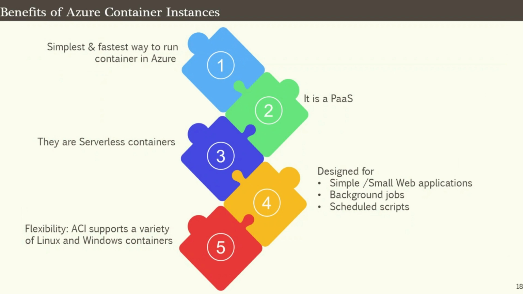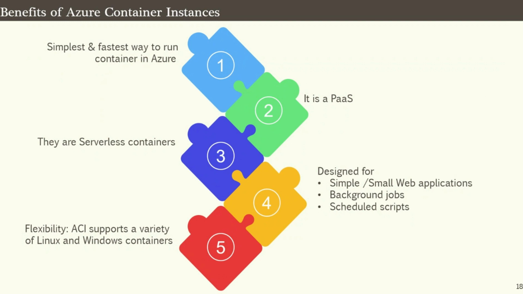Next, what are the benefits of Azure Container Instances? There are five important benefits that you can leverage under ACI. The first one is it is a very simple and fast way to run your container in Azure. Just use CLI or Azure portal to configure ACI and you can deploy any container image there and start using it.